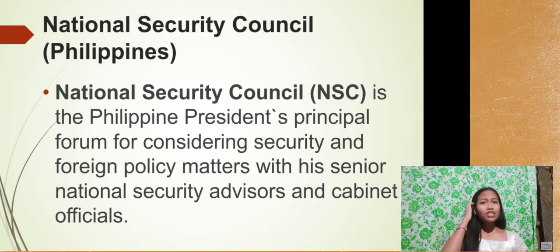So, the National Security Council in the Philippines is like a meeting group for the president. In this group, the president talks with important advisors and cabinet members about things related to keeping the country safe and dealing with other countries. So, they discuss and make plans together to protect the Philippines and make smart decisions about foreign affairs.